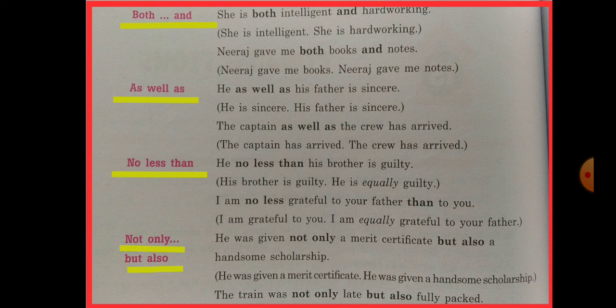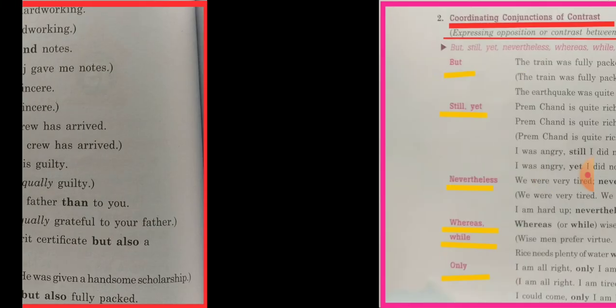Not only but also: he was given not only a merit certificate but also a handsome scholarship. So in this sentence he got two things, a merit certificate and a handsome scholarship. He was given a merit certificate. He was given a handsome scholarship. Both sentences are independent and of equal rank, so they can be joined by a coordinating conjunction.